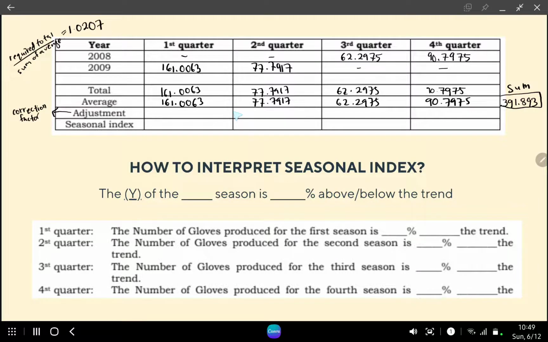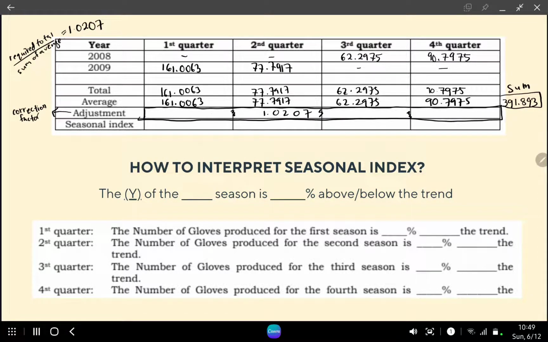This row here should be merged, so the adjustment is the same for all the quarters. The adjustment, or correction factor, is 1.0207. This column should also be merged.